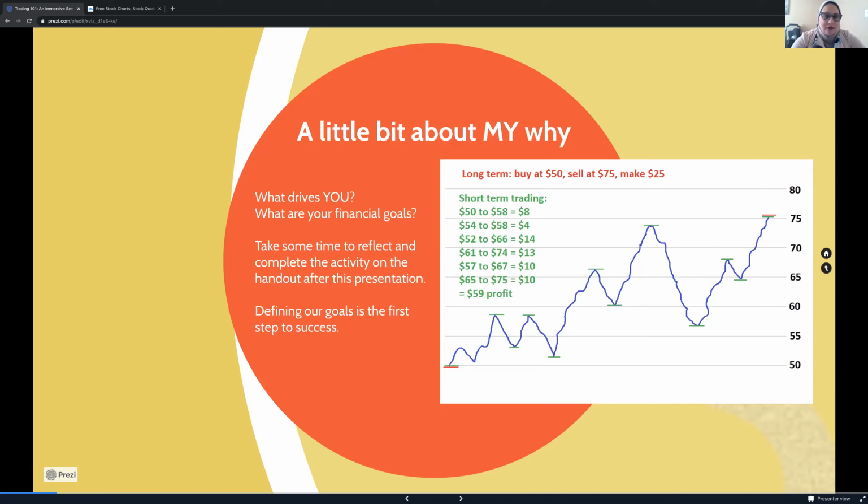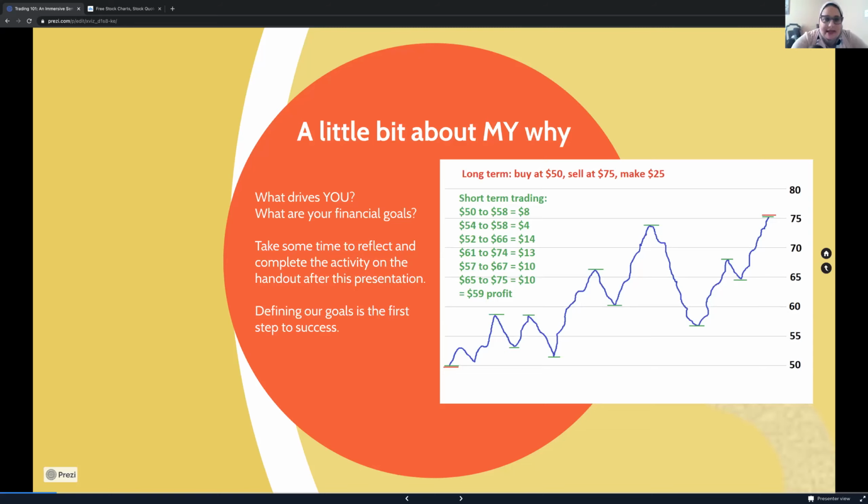I had a lot of responsibilities, a lot of things that I needed to take care of. So my why was I did not want to work 6 days a week anymore. That was my big why. It's still my why. I still come back to it all the time when I'm journaling, when we have a hard week. And thankfully, I have a lot of 3-day weekends. So this is my why. I would like for you to do yourself a favor and define your why. What is your why? Okay.